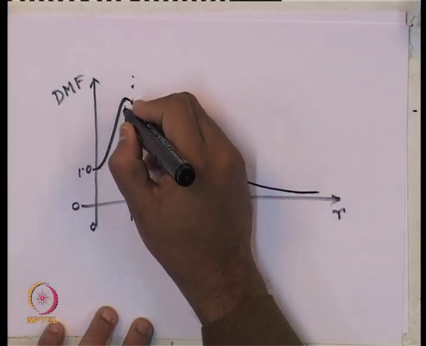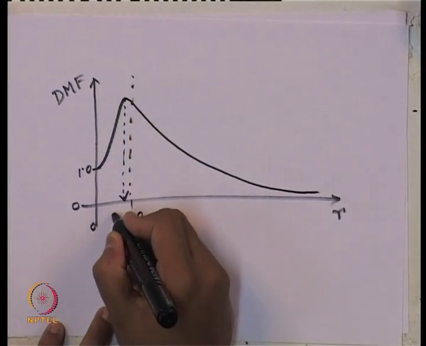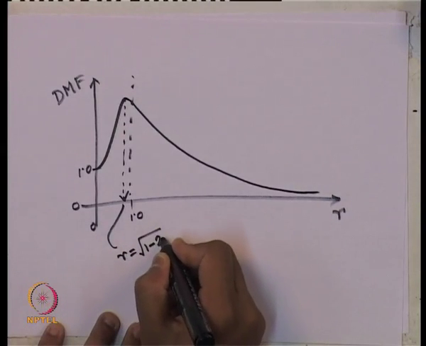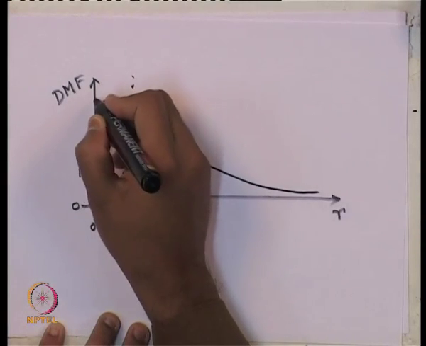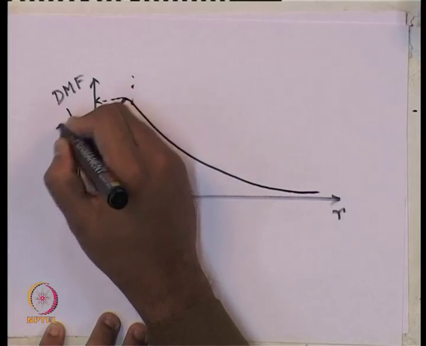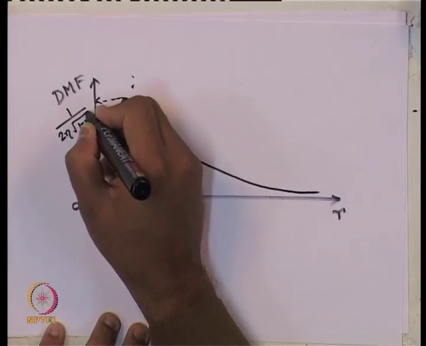So, this value, as I have mentioned, is r equals root over 1 minus 2 eta square, and this maximum value of DMF is 1 by 2 eta root over 1 minus eta square.